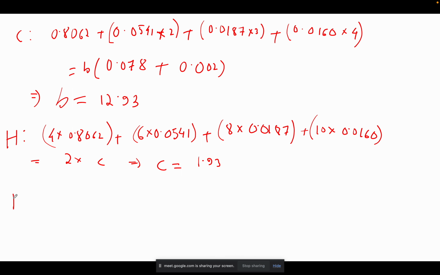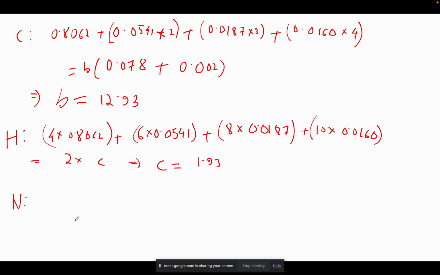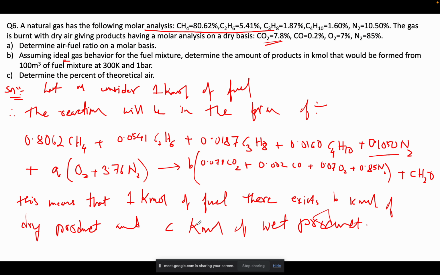Then we'll balance for nitrogen. 0.1050 plus A into 3.76 is equal to B into 0.85.